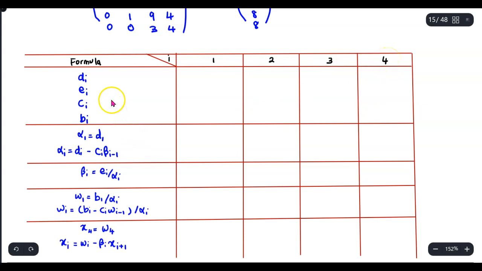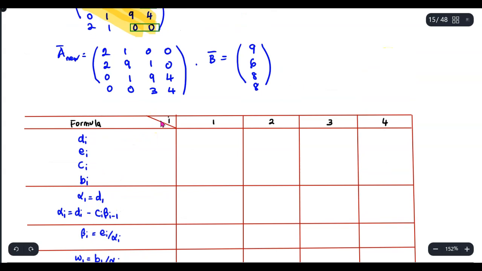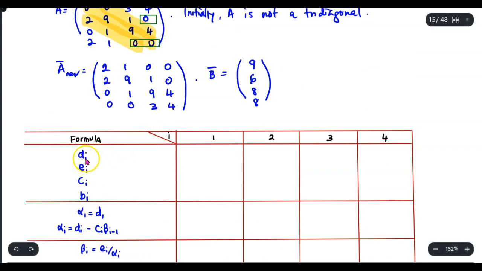Now let us see what we can put at the first place. At the first place, we can always fill in D, E, C, and B. So what is D? Remember, D is the main diagonal element.